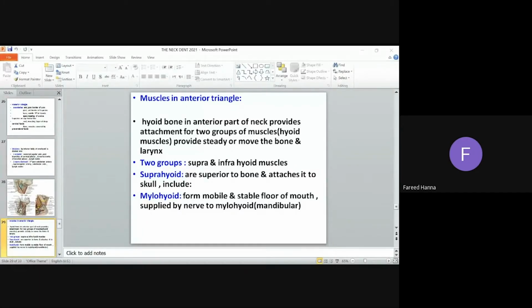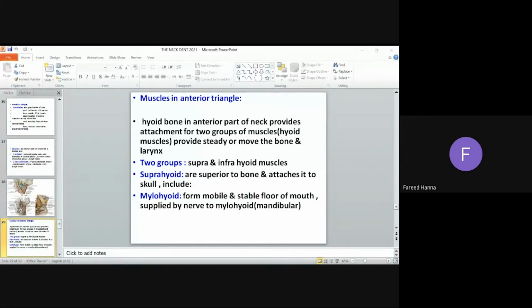We have seen that the hyoid bone in the last lecture lies midway between the base of the mandible and the superior border of the larynx. The hyoid bone, you can pick it up by your index and thumb, midway between the base of the mandible above and the larynx, the upper border of the thyroid cartilage, or the laryngeal prominence.